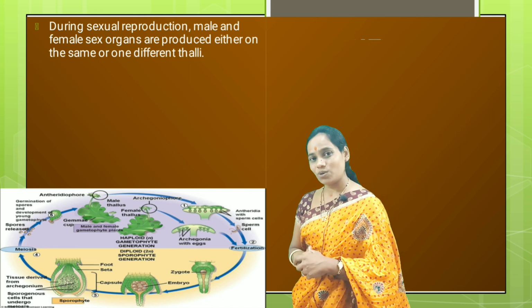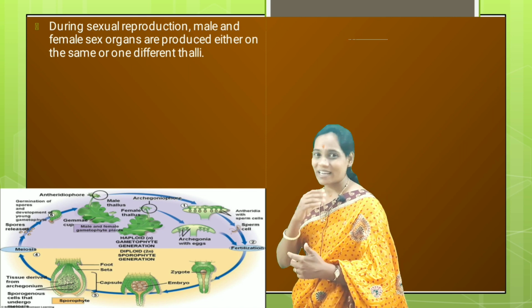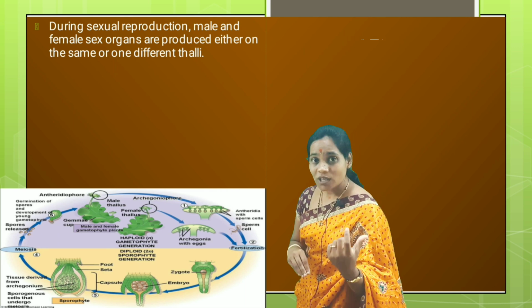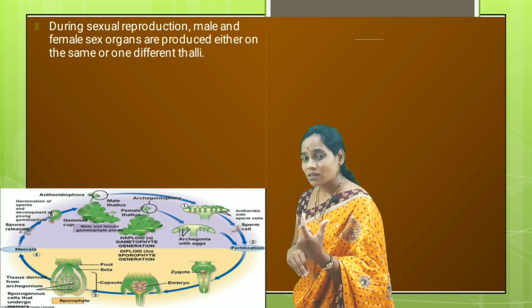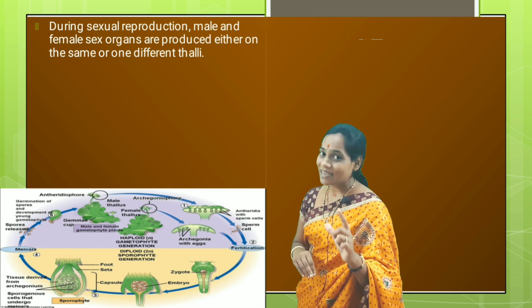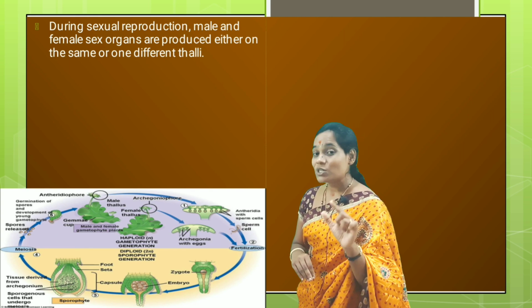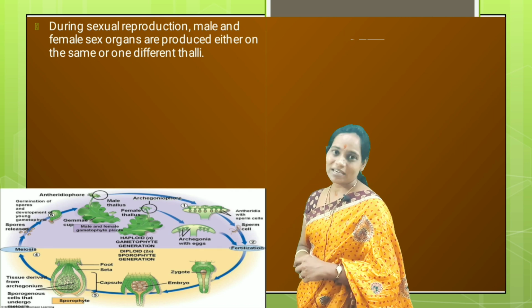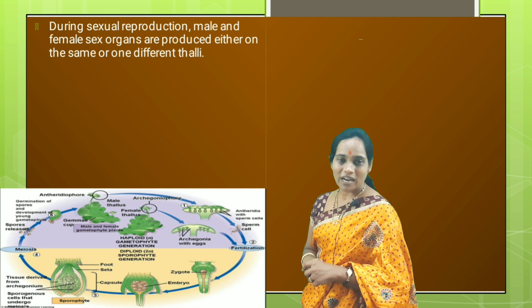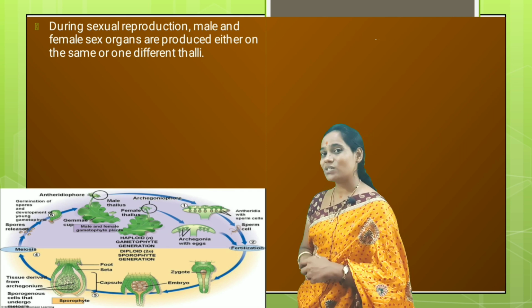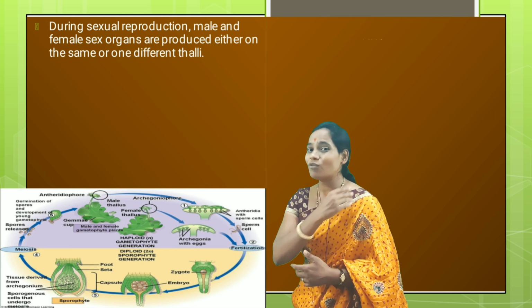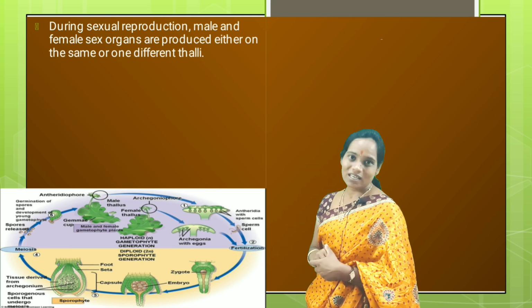After the zygote is formed, what happens? The zygote will develop into the new plant body, the diploid sporophytic plant body.